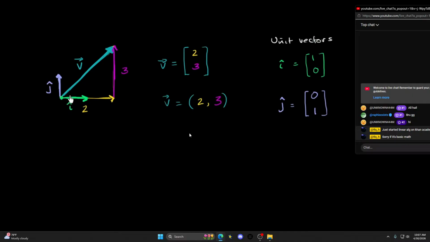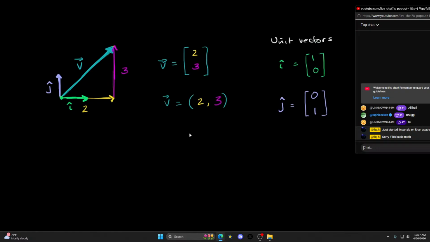Now, any vector, any two-dimensional vector, we can now represent as a sum of scaled up versions of i and j. And you say, well, how do we do that? Well, you could imagine vector v right here is the sum of a vector that moves purely in the horizontal direction that has length 2 and a vector that moves purely in the vertical direction that has length 3.